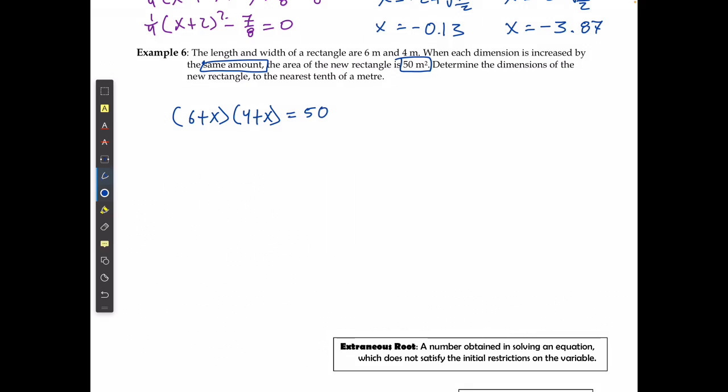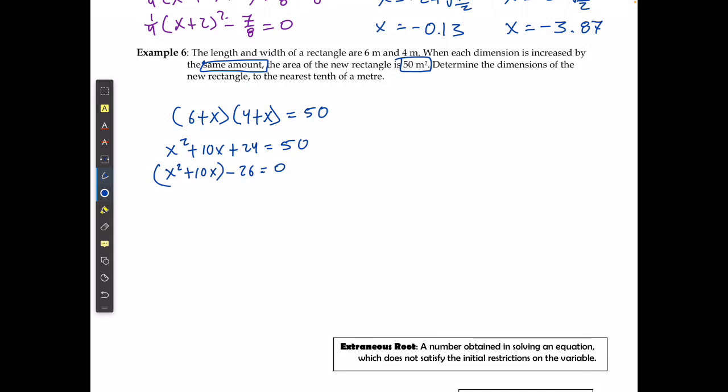So I can state that in this case, when I multiply this out, I'm going to get x squared plus 10x plus 24 is equal to 50, or x squared plus 10x, when I move that 50 over, minus 26 is equal to 0. Now I can complete the square.